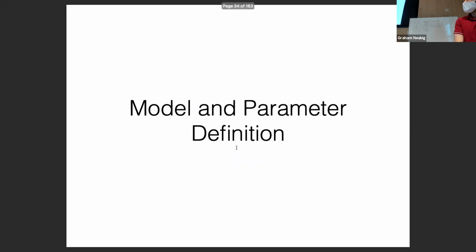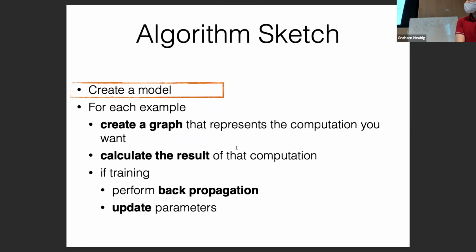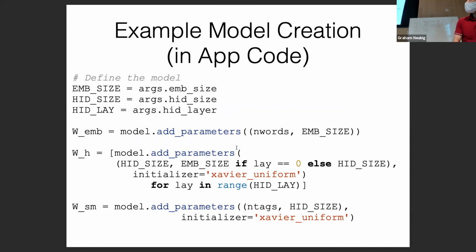Cool. Another thing is model and parameter definition. So that's our first step here. And the way we can create a model in app code, so this is not in the backend, oh, one thing I should mention is in the assignment, there's basically 2 files that you're going to implement. One is classifier.py, and this is your application code.